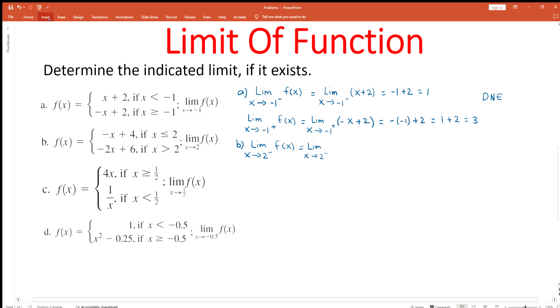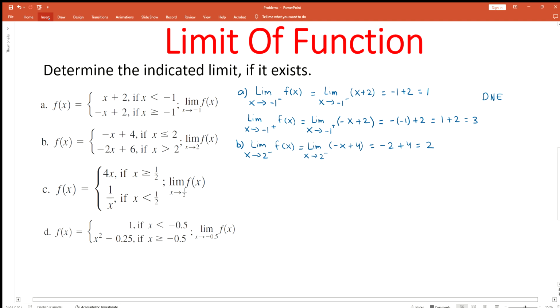We use the function -x plus 4 because for this function the domain is less than or equal to 2. We should sub in x as 2. I get 2. The left-hand limit is equal to 2.